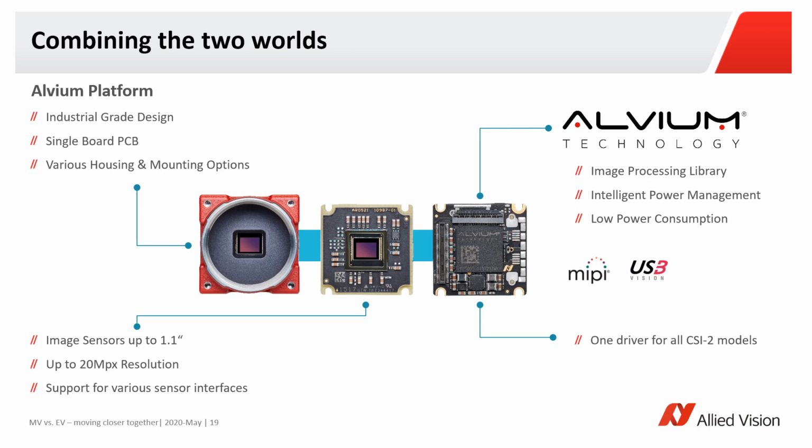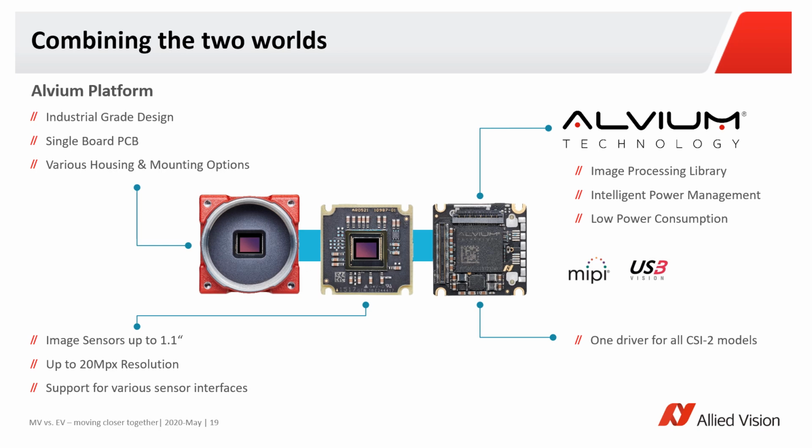So on the camera side, I think we have a very good combination of the two worlds already. I'd like to introduce you to the Alvium platform. It really has an industrial grade design, but is also kind of a single board module. It's available in various housing and mounting options, so it's very flexible, but also very industrial grade.